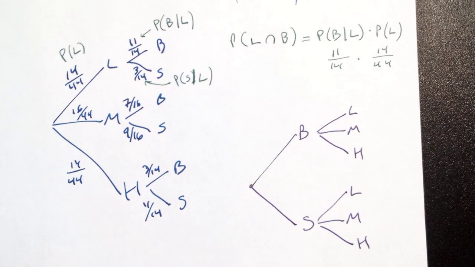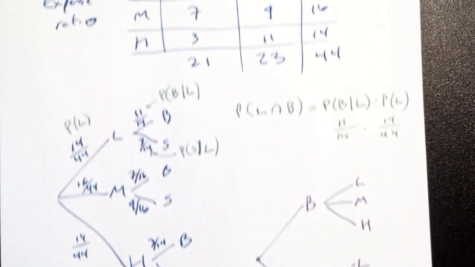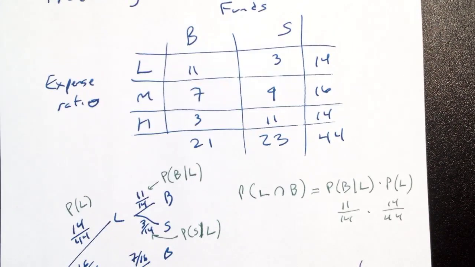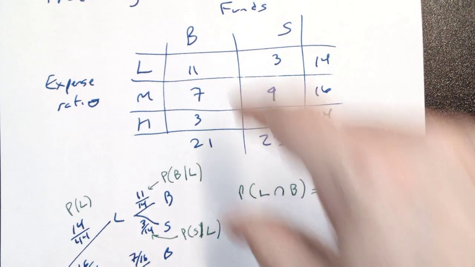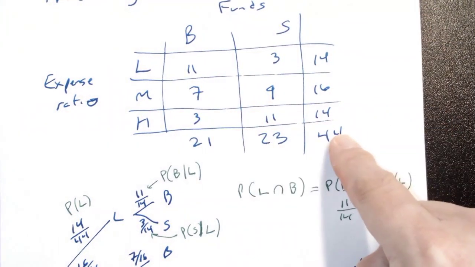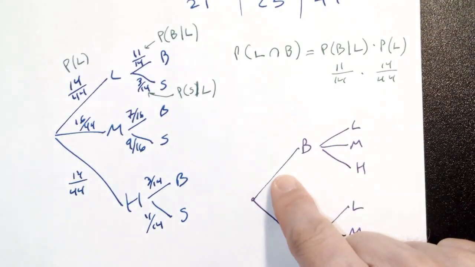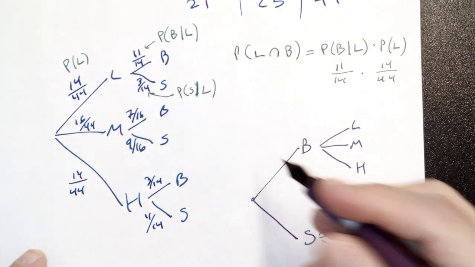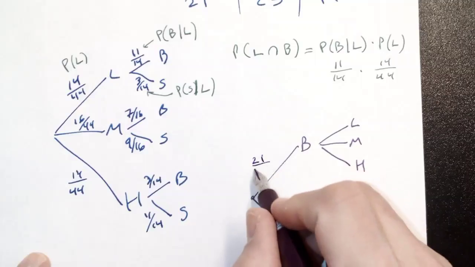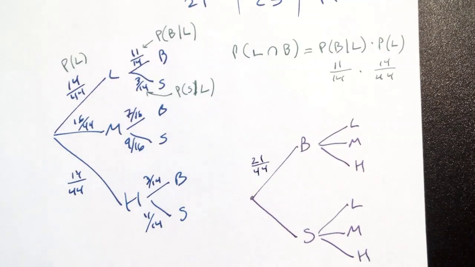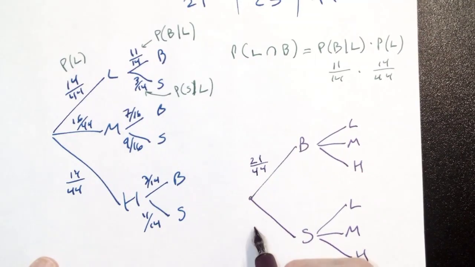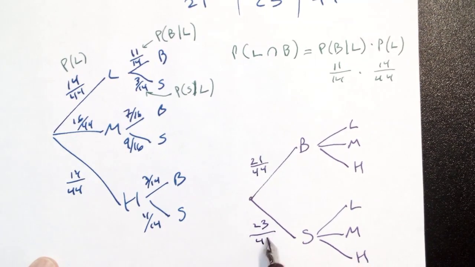It's out of 44. What's the chance I have a bond fund? So that number, 21 out of 44, goes here. And the chance I have a stock fund, 23 out of 44.